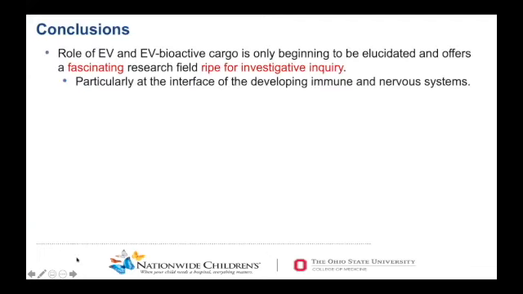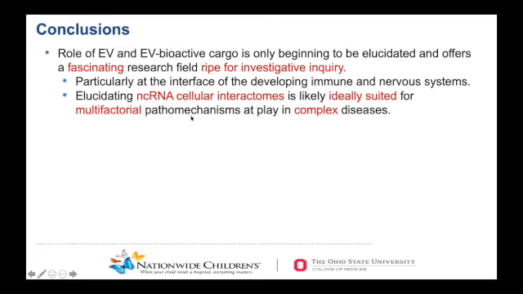But in conclusion, the role of EV and EV bioactive cargo is only beginning to be elucidated and offers a fascinating research field ripe for investigative inquiry, particularly at the interface of the developing immune and nervous systems. Elucidating the non-coding RNA cellular interactomes is likely ideally suited for multifactorial pathomechanisms at play in complex diseases.